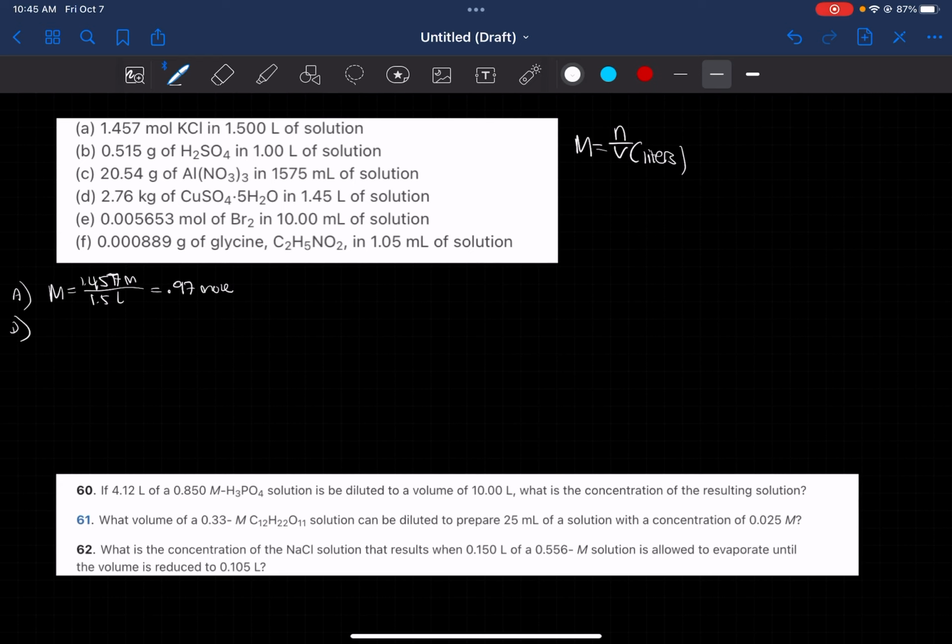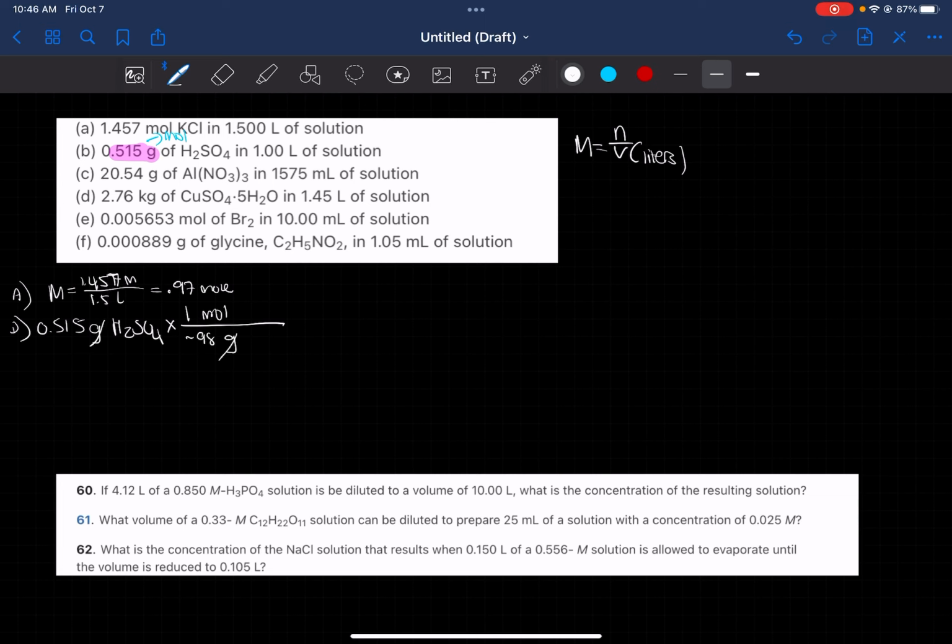B, you need to convert this gram into mole, and then that's it. So you start off with 0.515 grams of H2SO4, which is hydrogen sulfate. You times that by 1 mole over the weight of this, which is 98 grams.